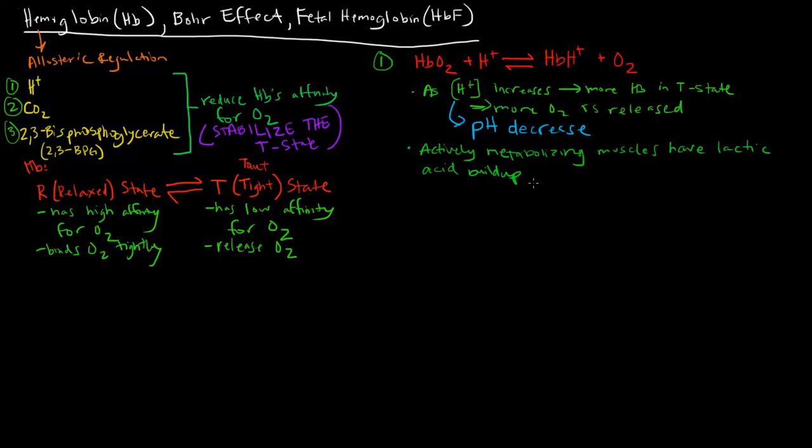The details behind that are not too imperative right now. The whole idea is that if you have lactic acid buildup, then acids give up their protons. This will increase H plus concentration, decrease the pH, and we have more hemoglobin in the T state, so we end up with oxygen being released from hemoglobin.